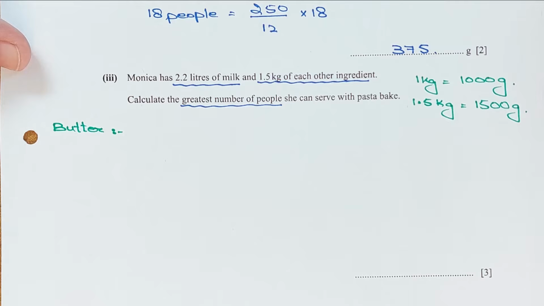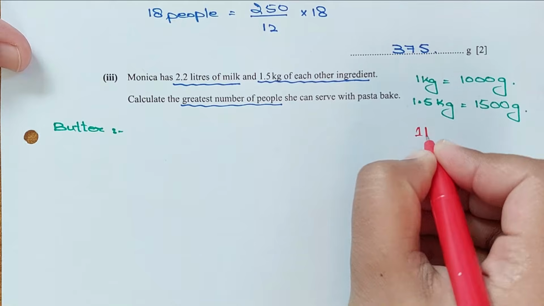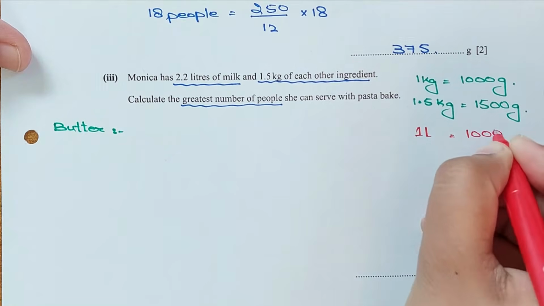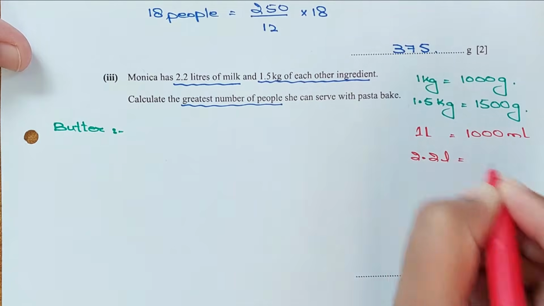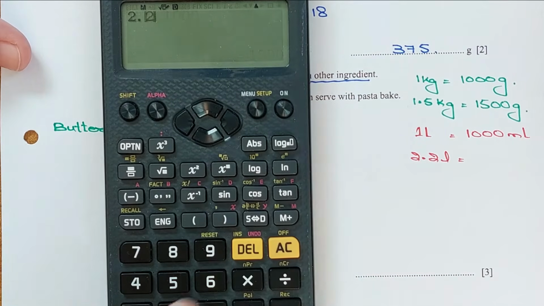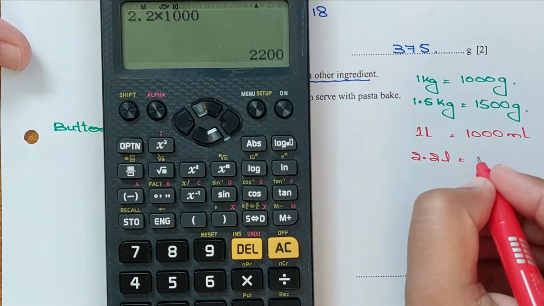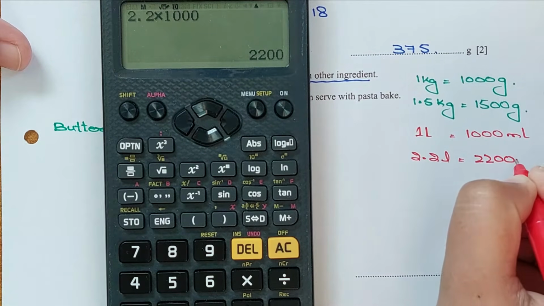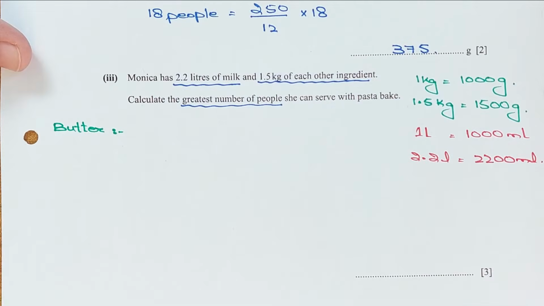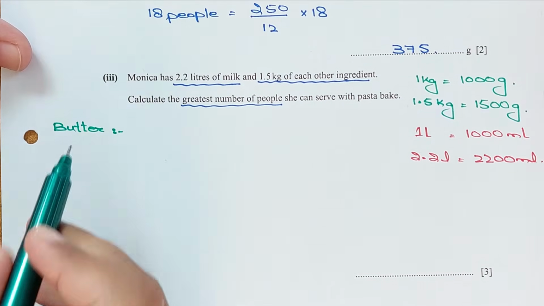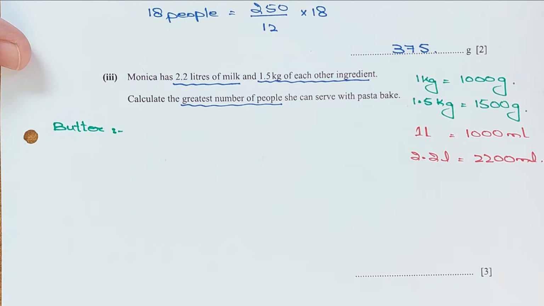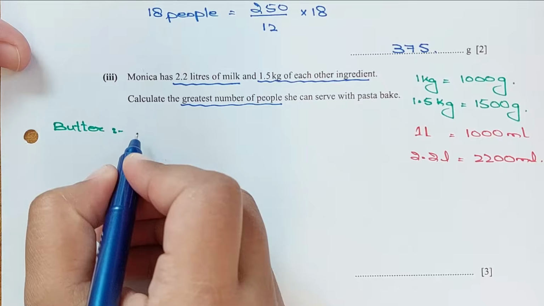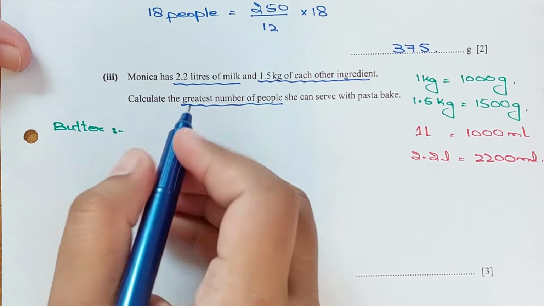Milk is given in milliliters, so 1 liter is equal to 1000 milliliters. And 2.2 liters is 2.2 times 1000, which is 2200 milliliters. The first quantity we have is butter, which is 250 grams for 12 people. We need to find the greatest number of people.